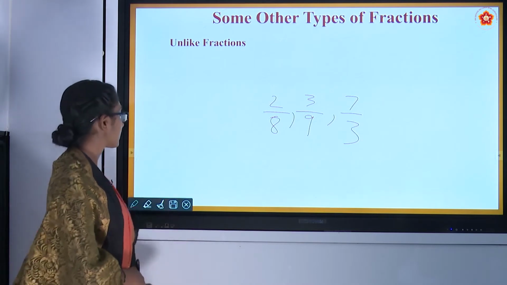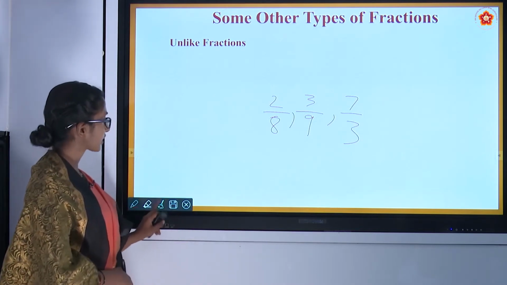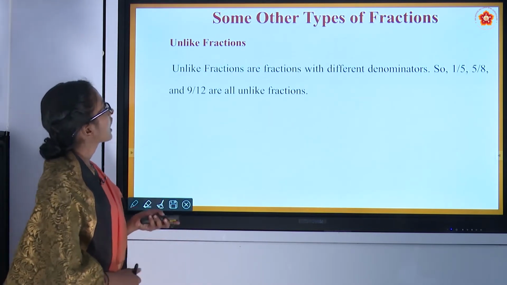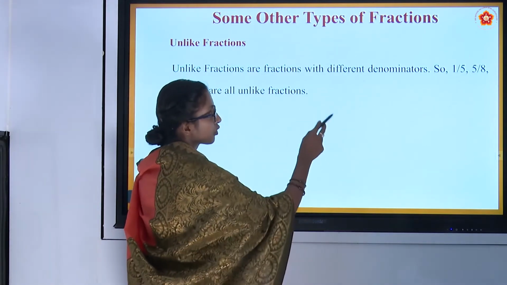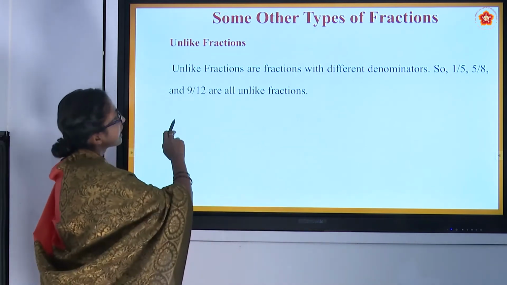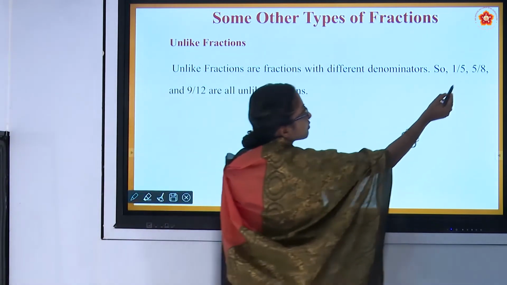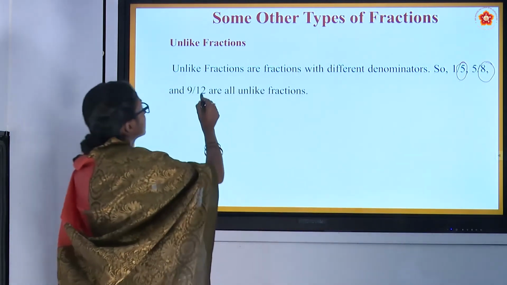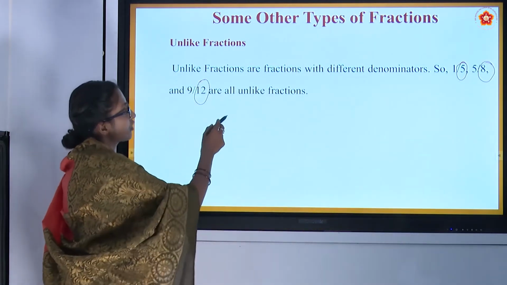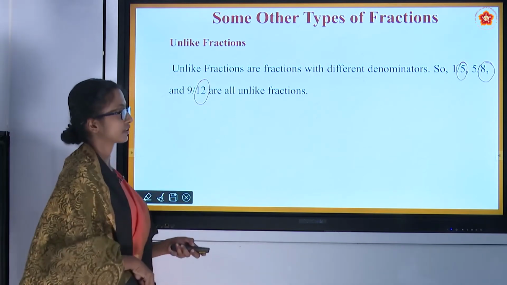So these can be considered unlike fractions. Unlike fractions are fractions with different denominators. So 1 by 5, 5 by 8 and 9 by 12: here also you can observe the denominators are different from one another. So all are unlike fractions.